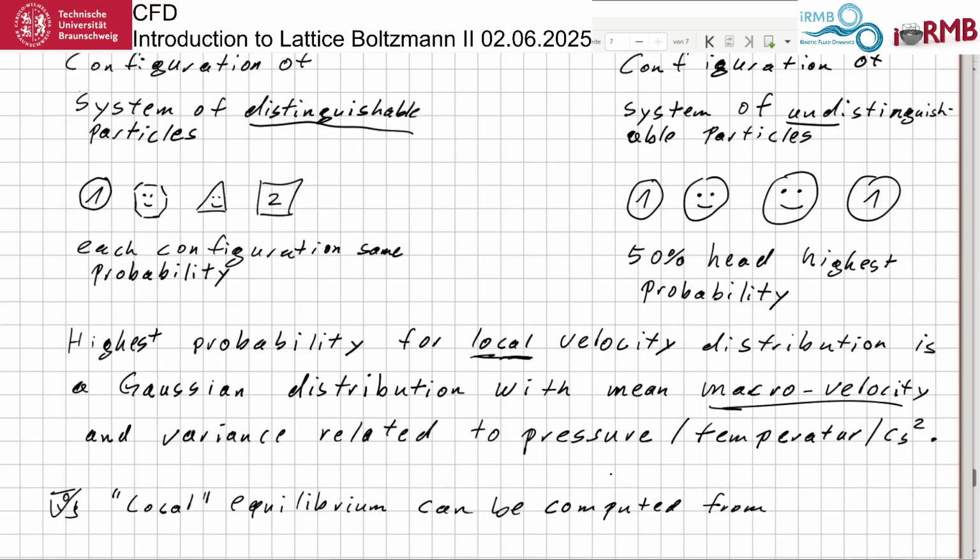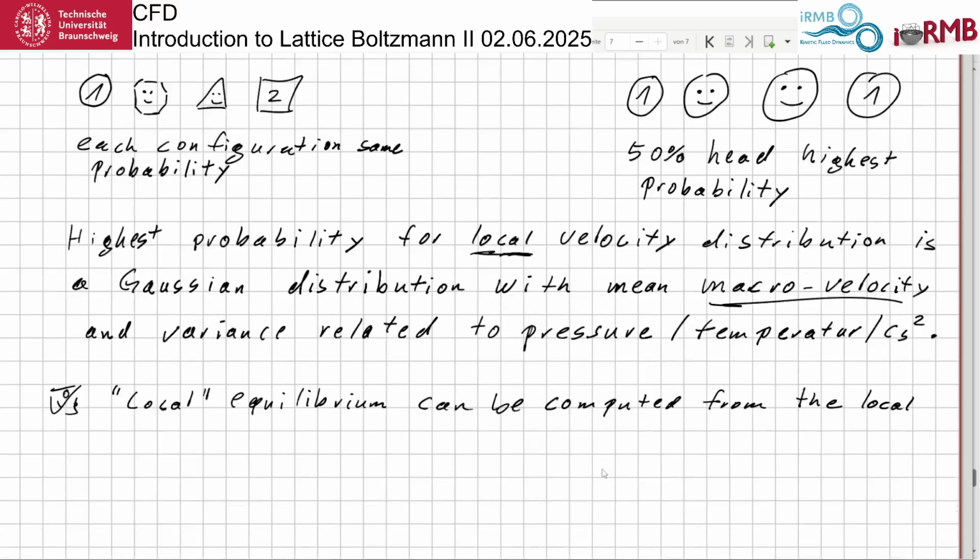from the local conserved quantities, because it has the mean. Its mean comes from the velocity, and its variance comes from the pressure.